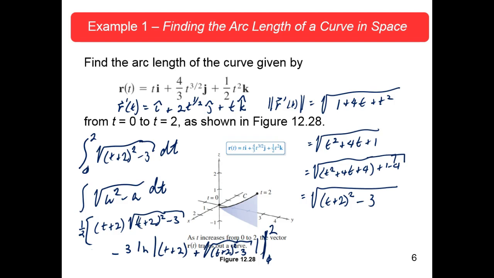Got it. Okay. Now, this absolute value bar, since t is going from 0 to 2, when t is 0, that first thing is a 2. When it's 2, it's a 4. Okay? So those are both positive. We're adding to it something in (t plus 2) squared is going to be positive, and the minimum value it would be is 4 when t is equal to 0, but 4 minus 3 is 1.